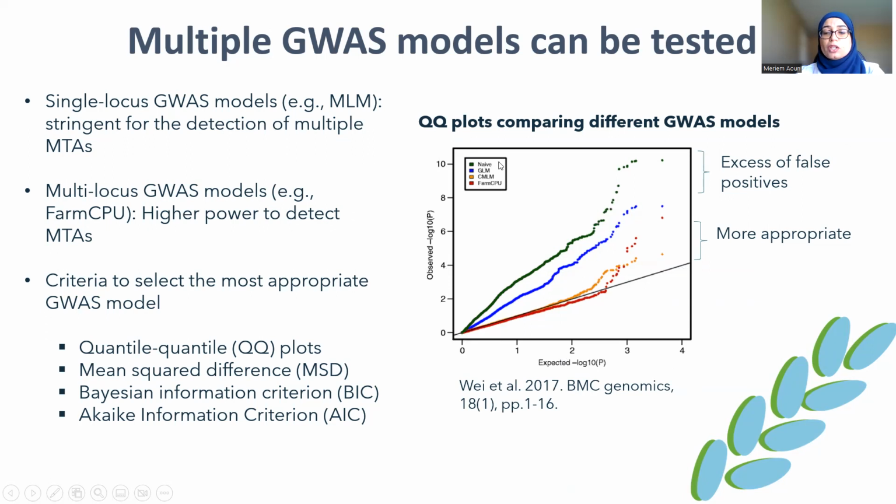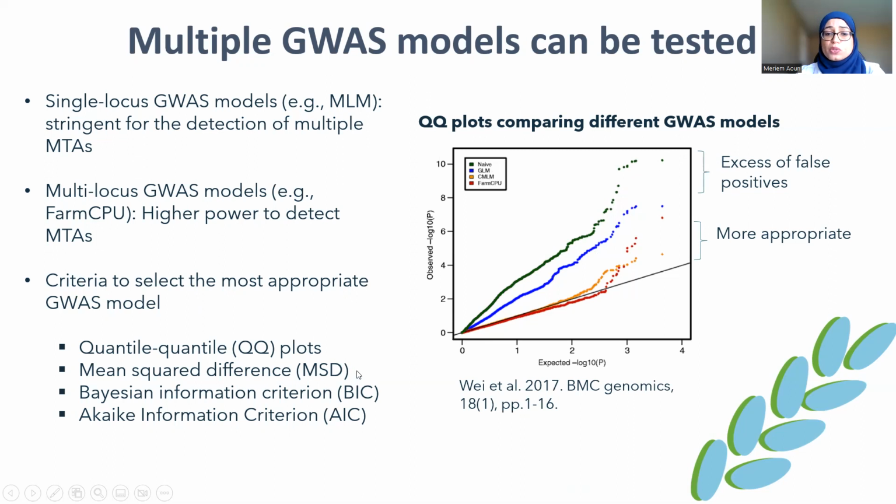Here are QQ plots for 4 models: the naive model, where neither population structure nor family relatedness was included, and GLM, where only population structure was included. Compressed mixed linear model and FarmCPU models were the most appropriate in comparison to GLM and the naive model, where we have a higher rate of false positives.